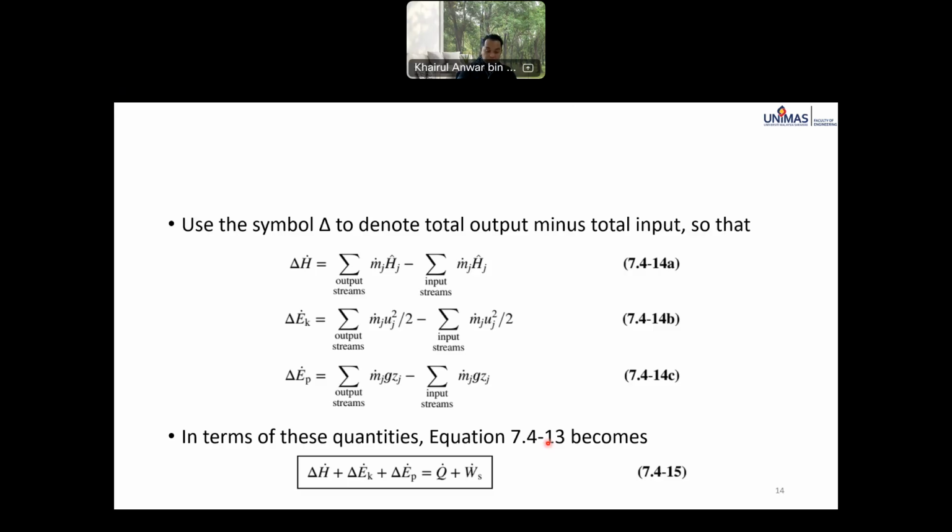The equation for an open system is delta H plus delta E_k plus delta E_p equals Q plus W_s.